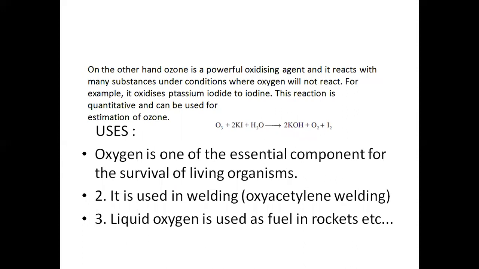ozone reacts with potassium iodide to give iodine. Here the iodine in KI is in the -1 oxidation state. On the right-hand side, the oxidation state of iodine changes to 0. The oxidation number changes from -1 to 0. Since the oxidation number is increasing, we call it oxidation.